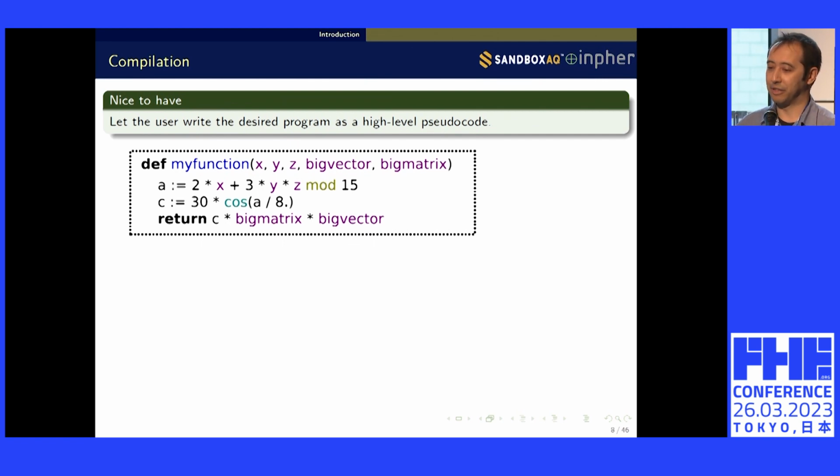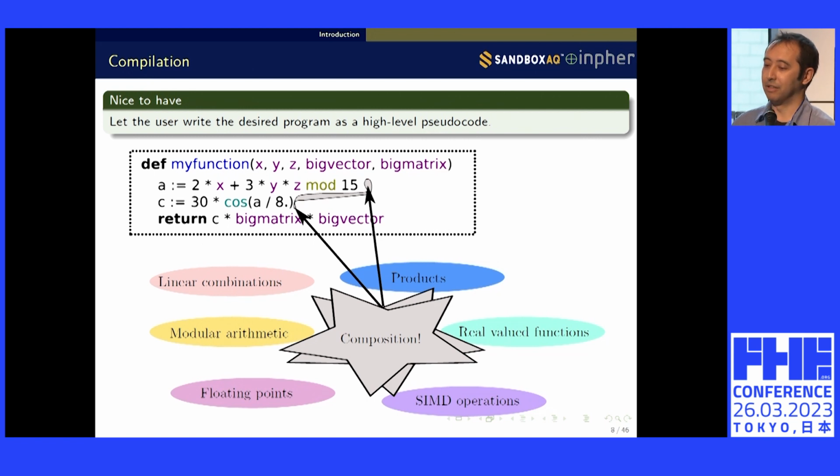So we can have linear combination, modular arithmetic, floating points, SIMD, real-valued function, really a lot of things. And if we look at the history of FHE, all of these individual problems seemed hard the first time we saw them, and over time, different papers came out that solved one specific problem. So one paper for real-valued function, one paper for SIMD operation, one paper for modular arithmetic.